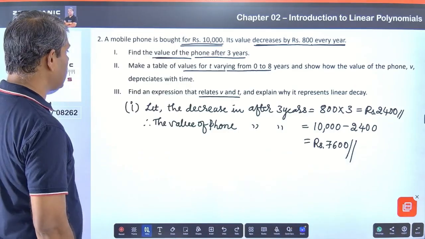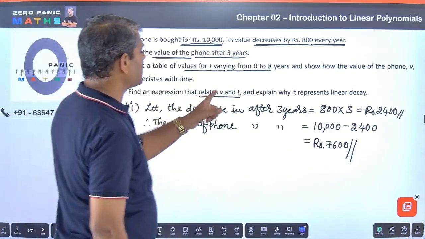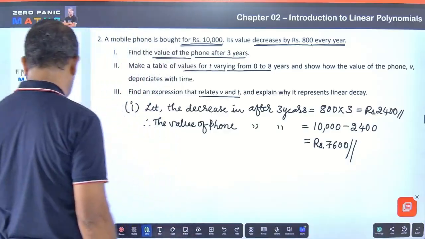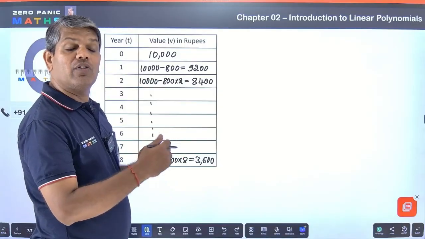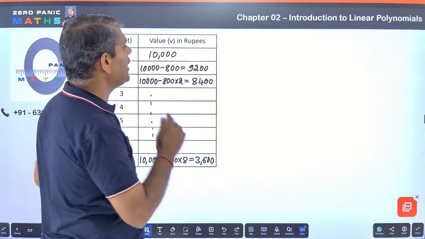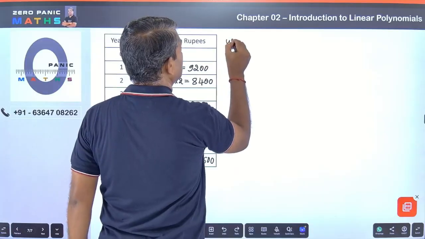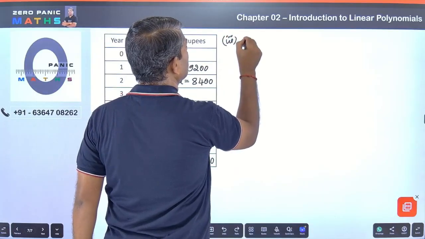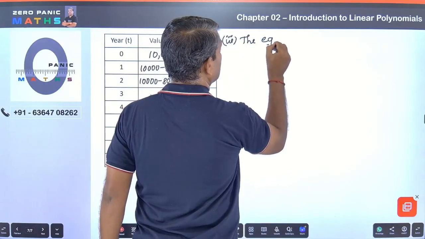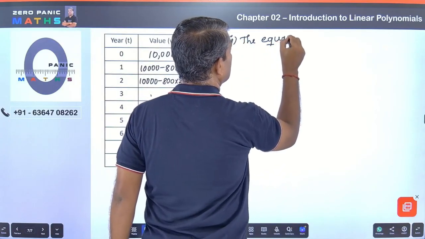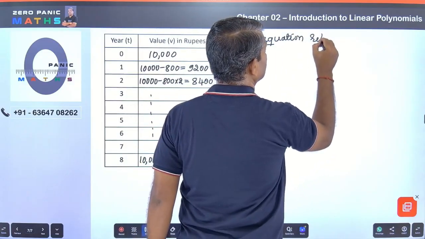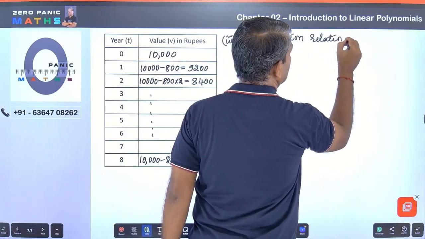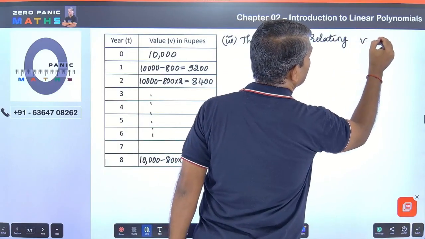Now what is the last question? The last question is to find an expression that relates v and t, and we need to prove why it represents a linear decay. Now the third one, the equation relating v and t.